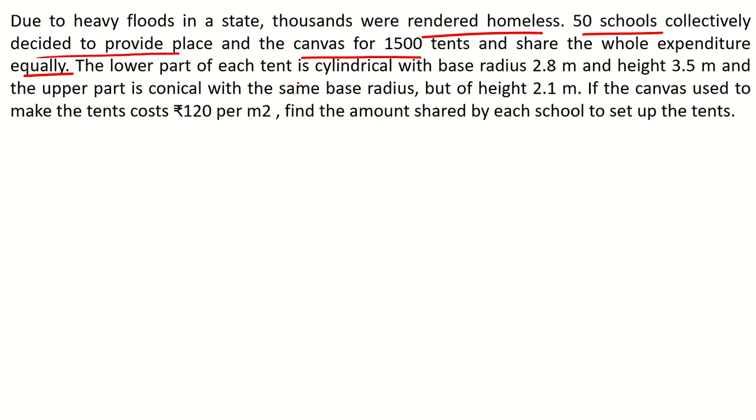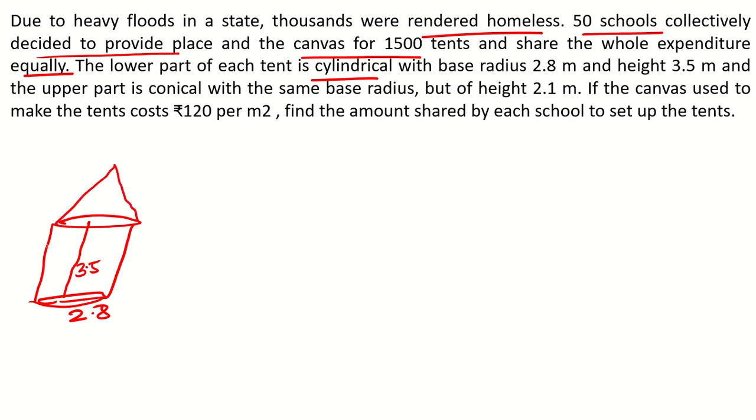The lower part of each tent is cylindrical, like this, with a base radius of 2.8 and the height is 3.5 meter. This is the height. And the upper part is conical with the same base radius, like this.